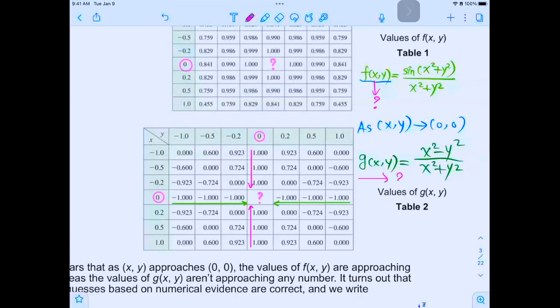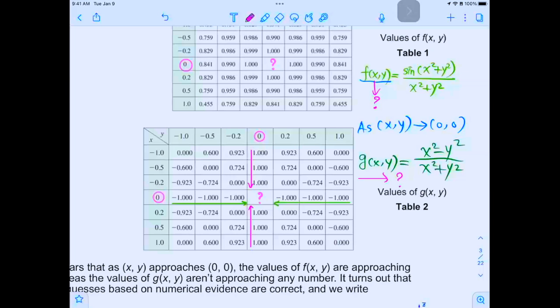Okay, approaches to what? So we're going to keep one of the coordinates fixed. Say let's fix the x here to be 0, and then we let the y approach 0 from the left and from the right.